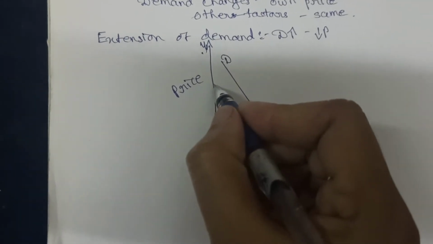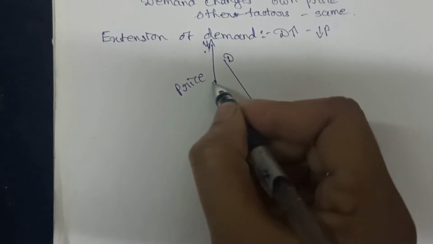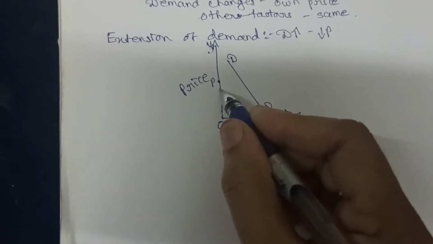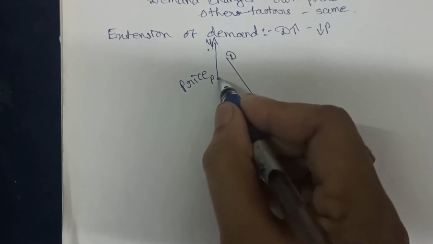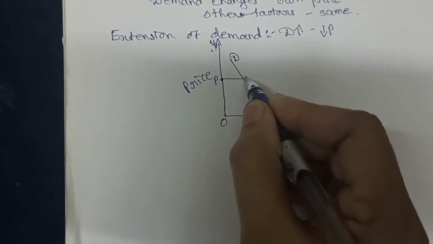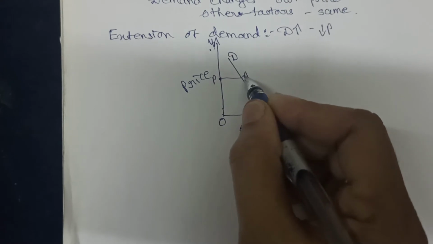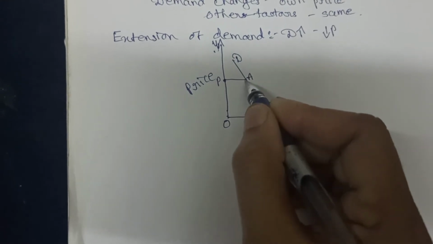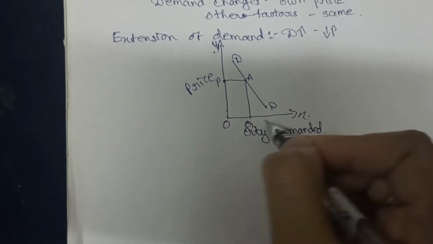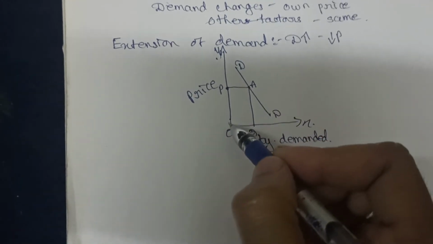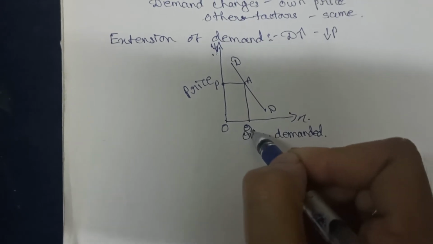Then mark one point on the y-axis, that is OP. Assume that the price of the product is OP. What is the demand? You have to find out. Join it up to the demand curve, and you will get point A. Then on the x-axis, you will get the quantity. When the price is OP, the quantity demanded is OQ.